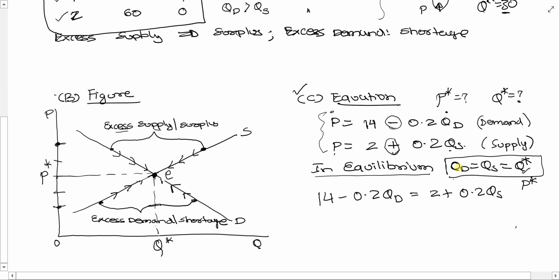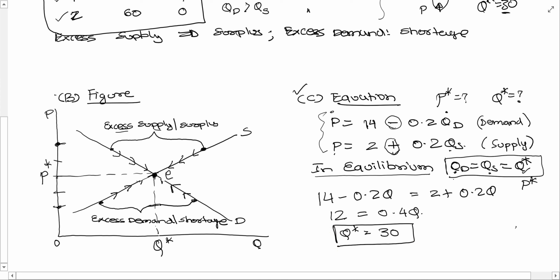But in equilibrium, QD is equal to QS, and hence there is no need to use QD and QS, but just use Q because they are the same number in equilibrium, and that's what we are interested to find out. And so when you solve for this, what we get is 12 is equal to 0.4 Q, and then Q star will turn out to be 30.